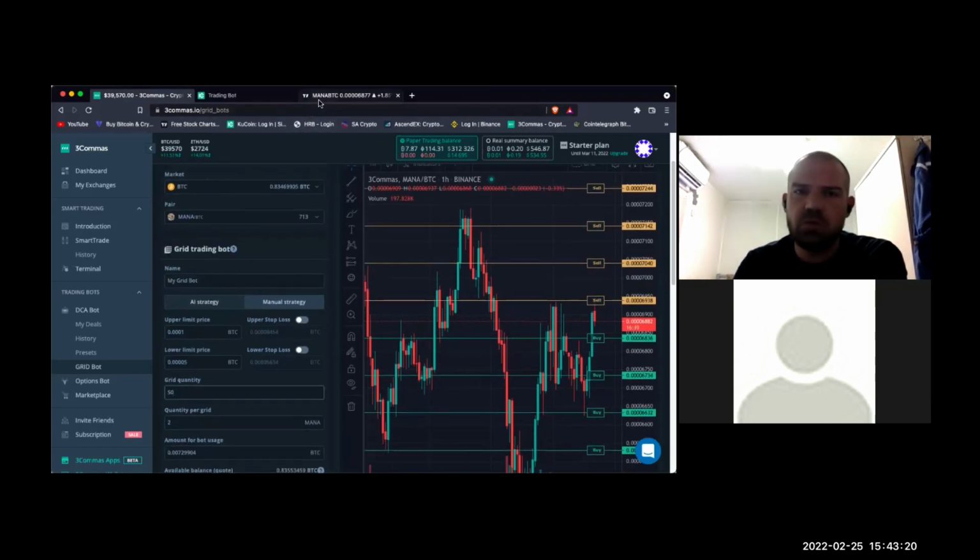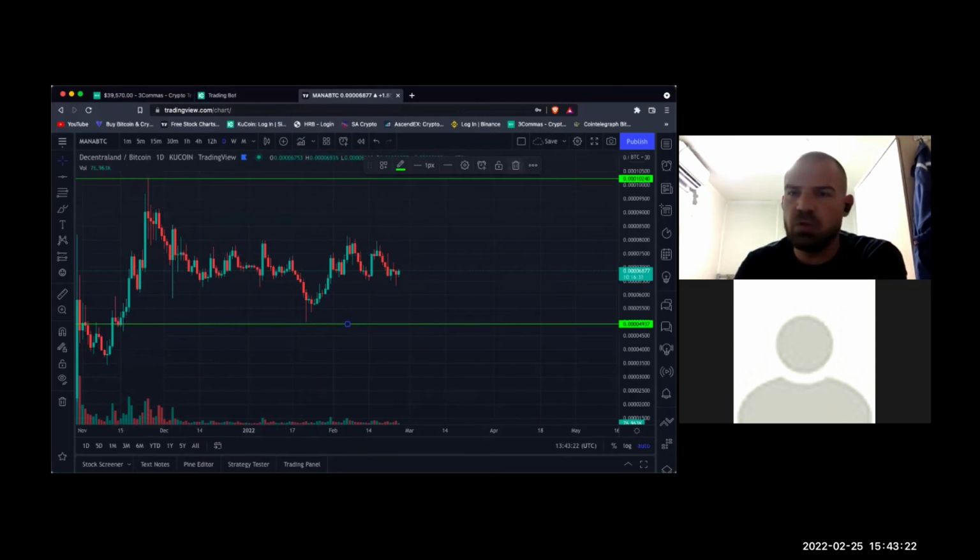What you also can do to assist you is you can put alerts on TradingView, let's say 10% below your upper and 10% above your lower limits, so that if the price reaches there, you get an alert knowing, listen, the price is close to my upper or my lower limit. I need to see what's going on with my bot, adjust or stop and sell and adjust the upper or lower limits, however you want to do it.